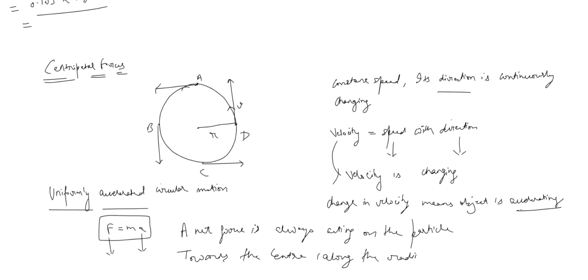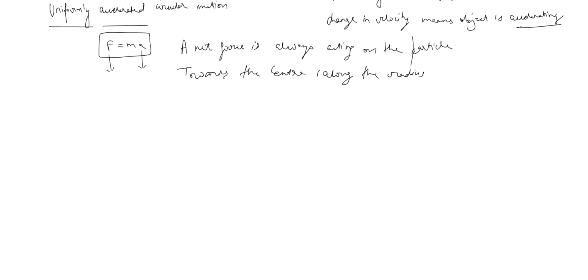So if this particle is moving in a circular motion, at this point the particle wants to move straight, but a force will act towards the center, along the radius, to bring it back in the circular motion.